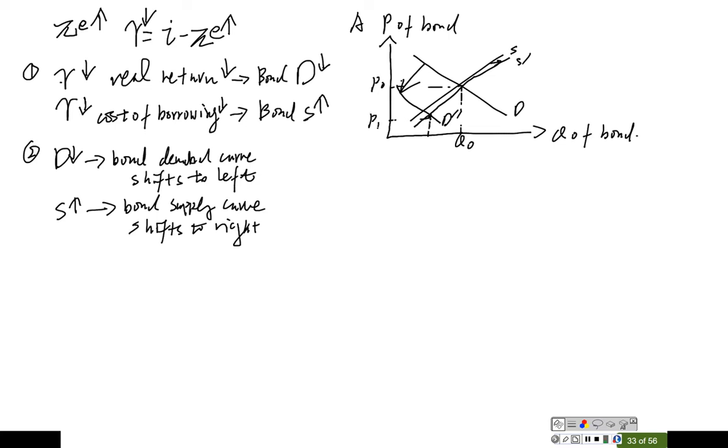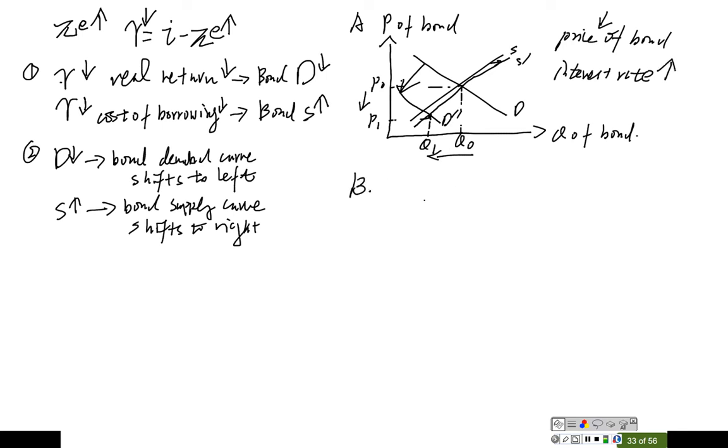That's the new equilibrium price and quantity. So our model indicates that in this case the price of the bond goes down, which means the interest rate will go up because of the inverse relationship.